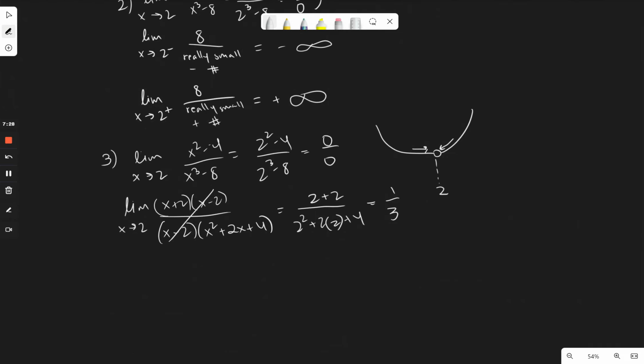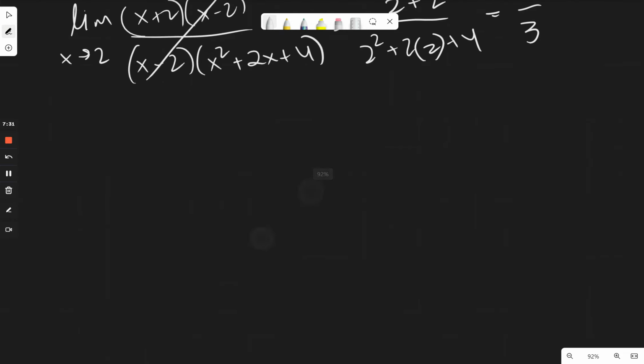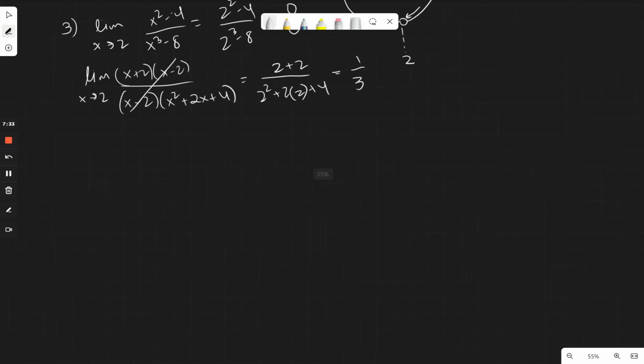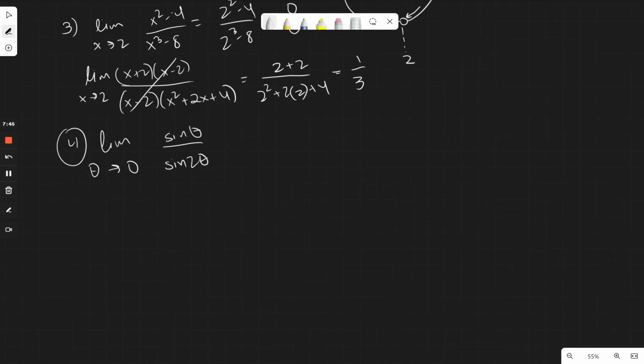All right, let's do a different problem. Limit as theta this time approaches 0 of sine of theta over sine of 2 theta. This is a pretty common example. You'll see this often. So when you try direct substitution, you get sine of 0 is 0 over sine of 2 times 0 is also 0, and that doesn't work. We can't really factor this, but we do know our trig identities.